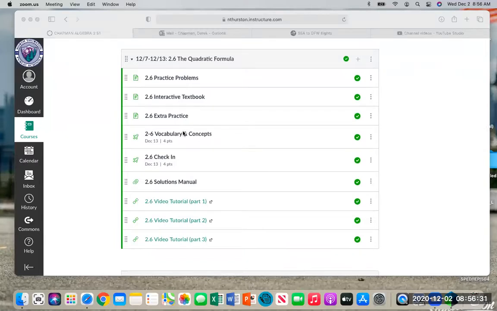So the quadratic formula is exactly what it sounds like. It is a formula that you're plugging A, B, and C into and just calculating. That sounds really simple because a lot of formulas are pretty simple, like B divided by 2A or whatever. This formula is a little more complex than that, so you have to be careful when you're calculating it.